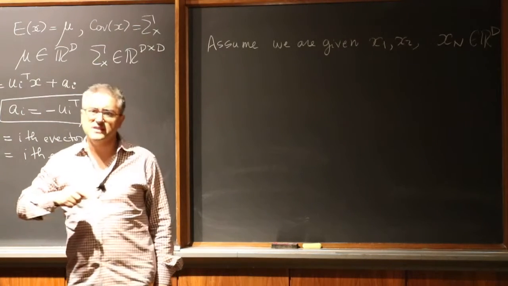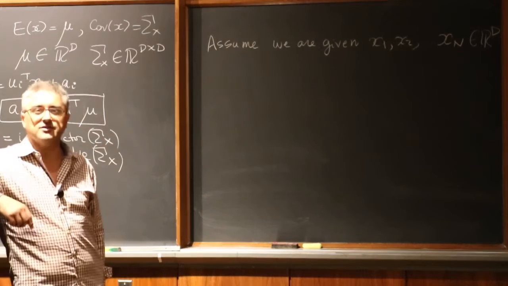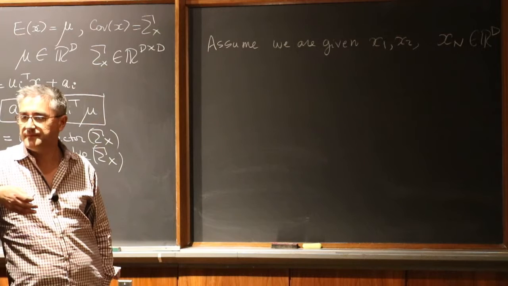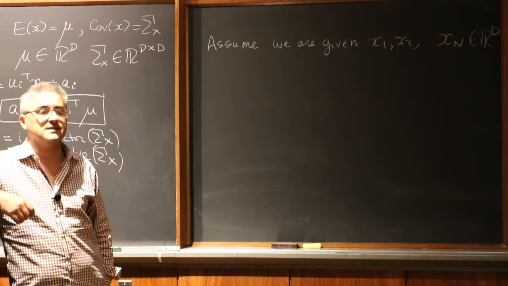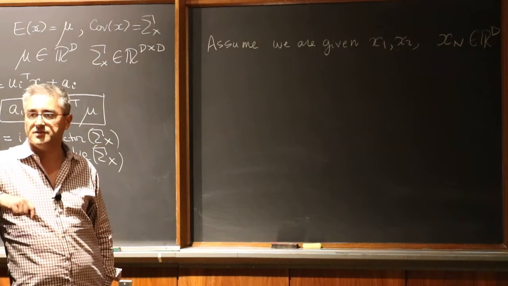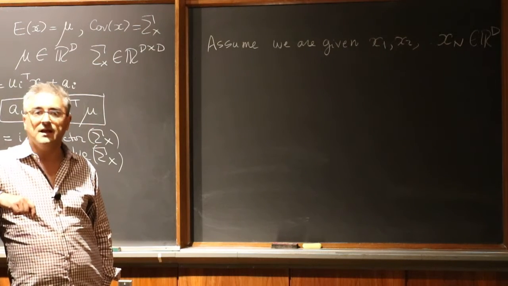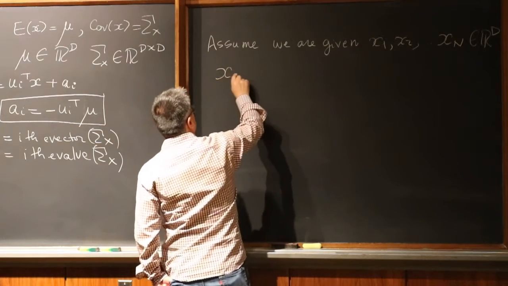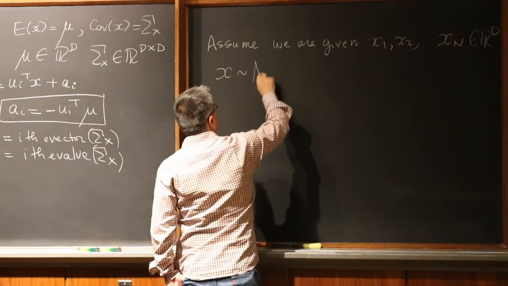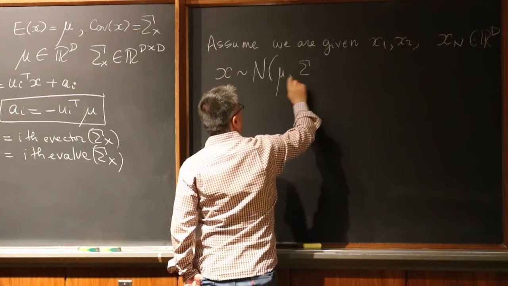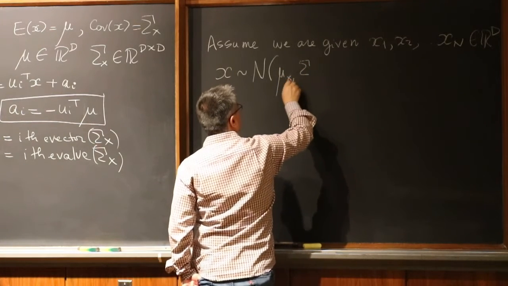You have probably seen in many lectures and many other courses what a Gaussian distribution is. Have you? You've seen also how to estimate the parameters of a Gaussian, right? So, in particular, let's suppose, for the sake of simplicity, that X is distributed with some normal distribution with mean mu x and covariance sigma x.